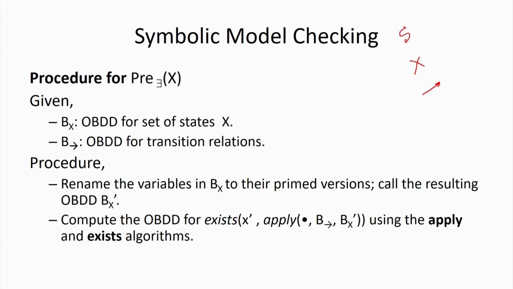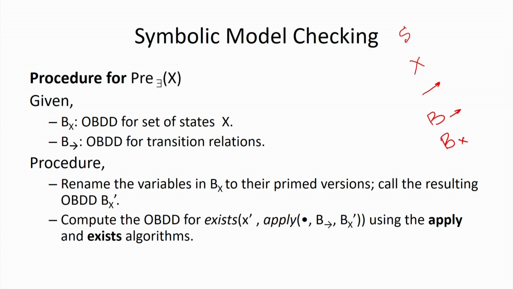We represent the transition relation with the help of a BDD, and we call this B arrow. So, B arrow is the BDD representation of the given transition system, and Bx is the BDD representation of the set of states x.